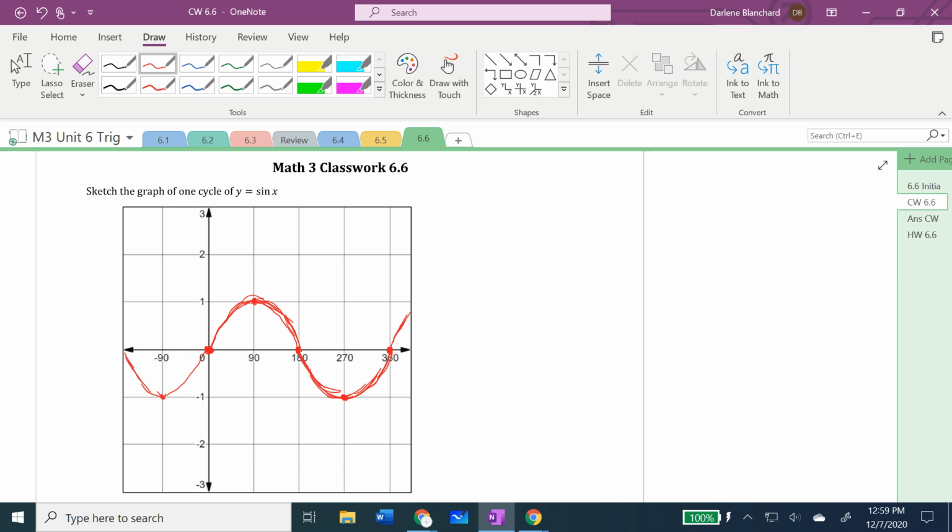Because you're going to find out soon enough that horizontally shifting these things is not pleasant. And so it just creates two options. And I'm going to now show you cosine. Are you ready?